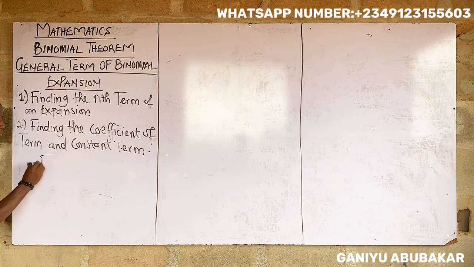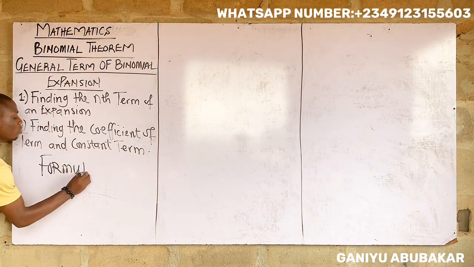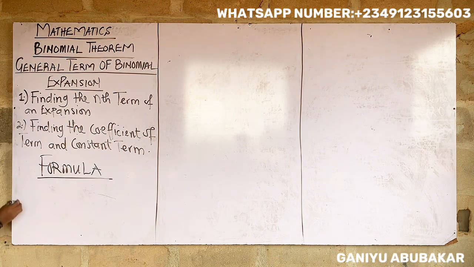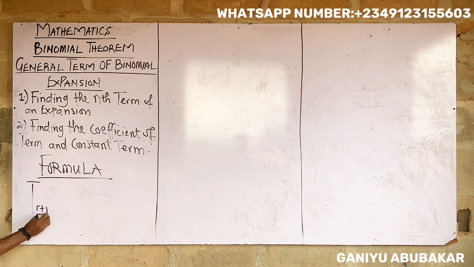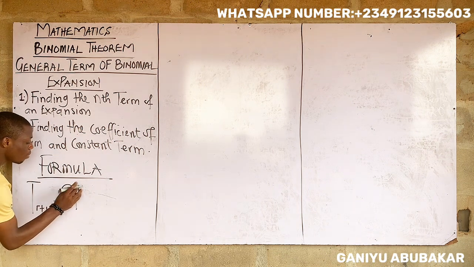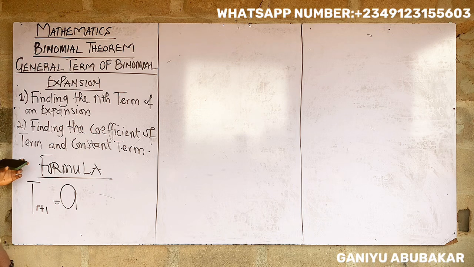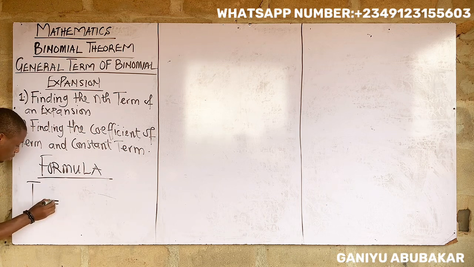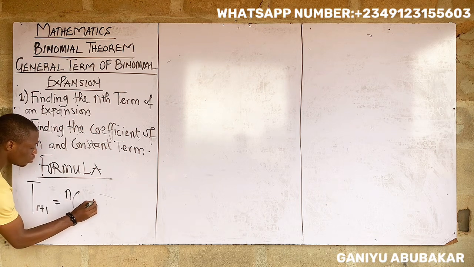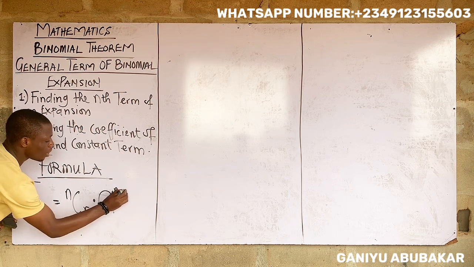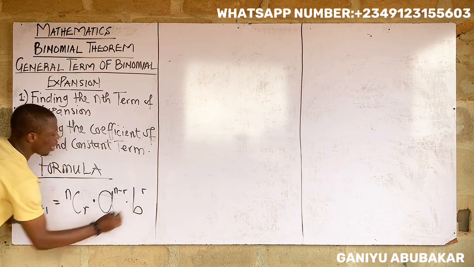The formula is given by T_(r+1) equal to n combination r, times a to power n minus r, times b to power r.